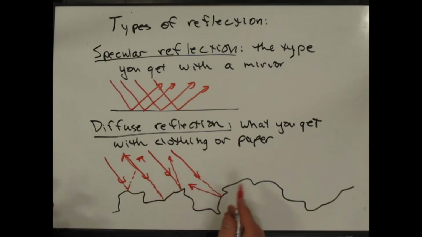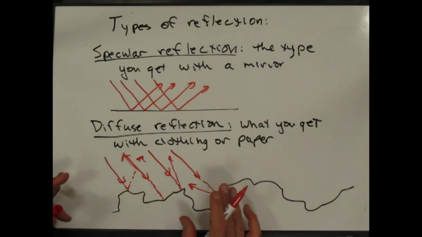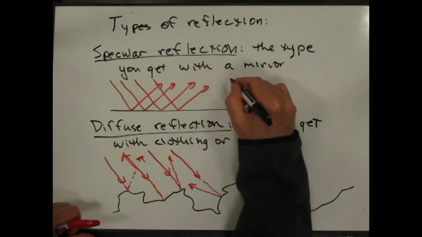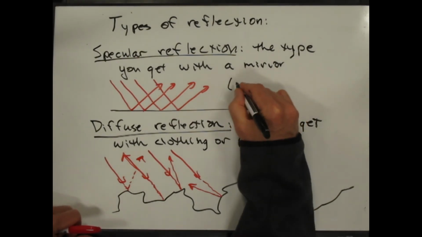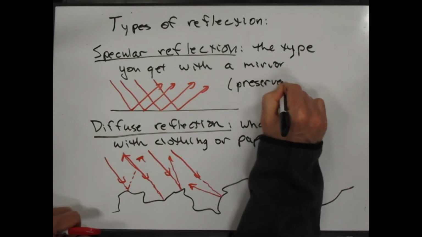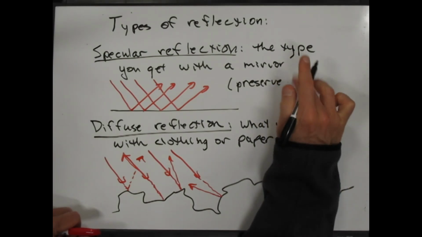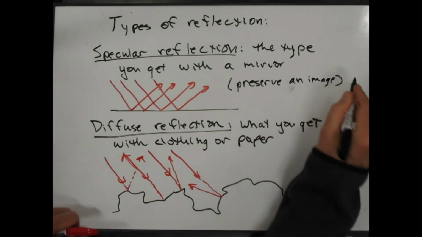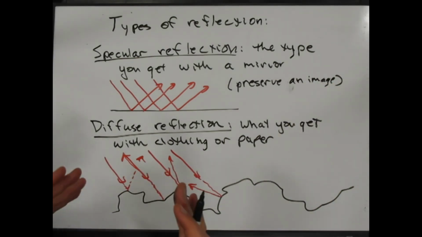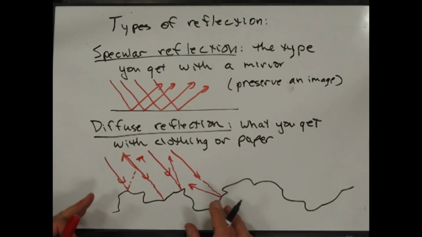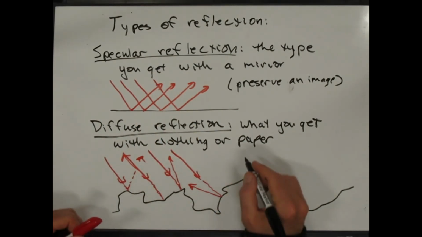So when the rays come in, they're bounced around in directions that aren't consistent with the direction they were coming in. And so specular reflection might preserve an image. It might reverse it by reversing the order of the rays, but diffuse reflection will destroy it.